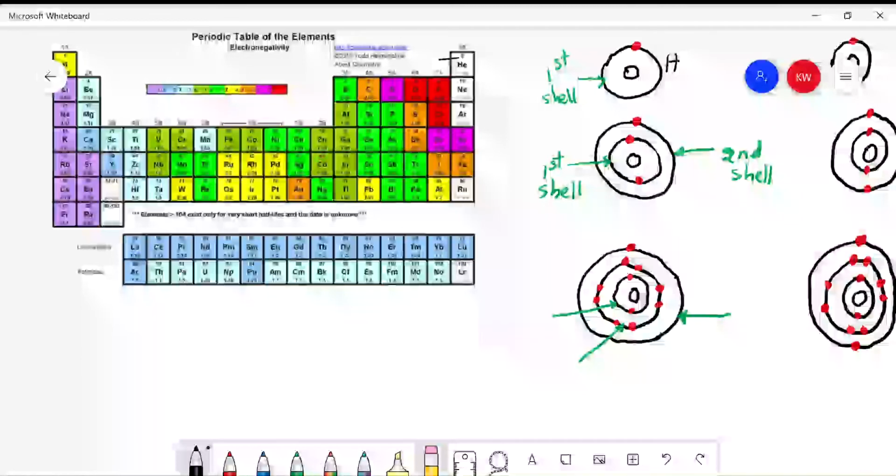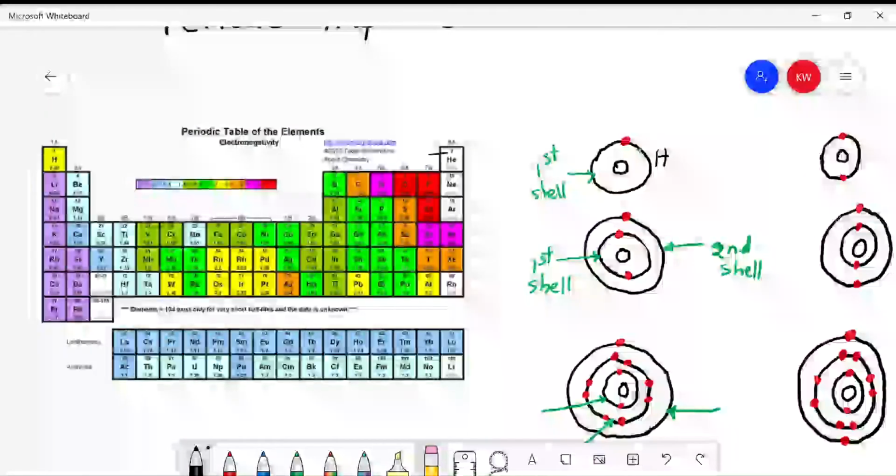So elements in the same group will tend to have the same number of electrons in the valence shell. That would explain some similar chemical and physical properties. As we go across, we're adding one more electron. So after hydrogen, the next element across is 2, that's helium. Here we have 2 electrons in the first shell.